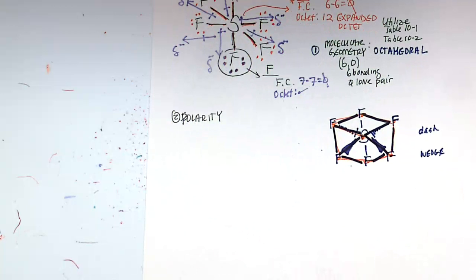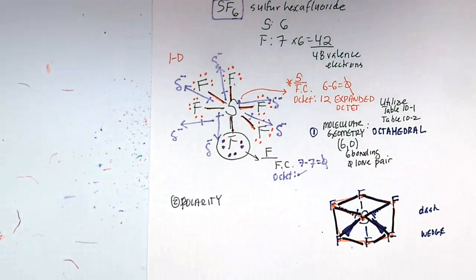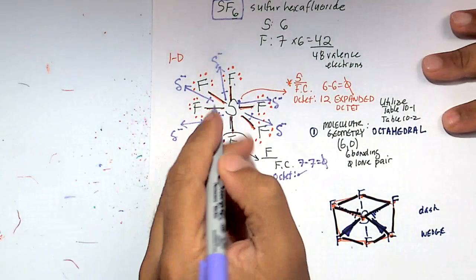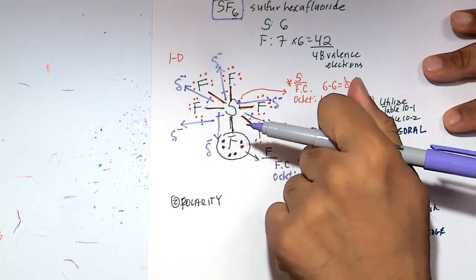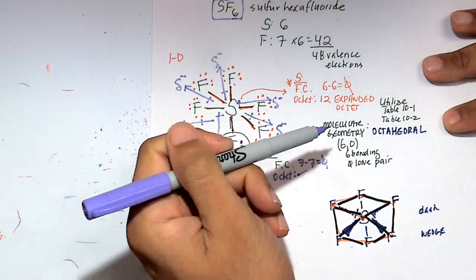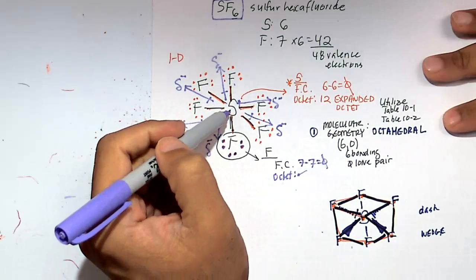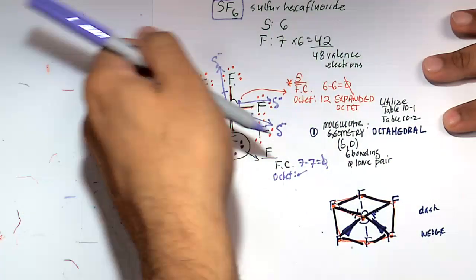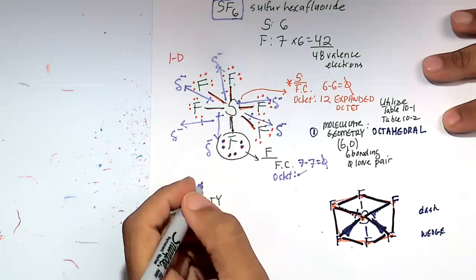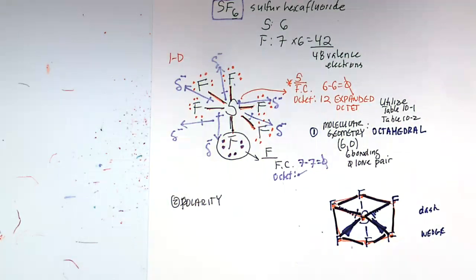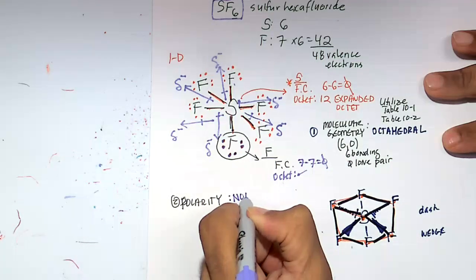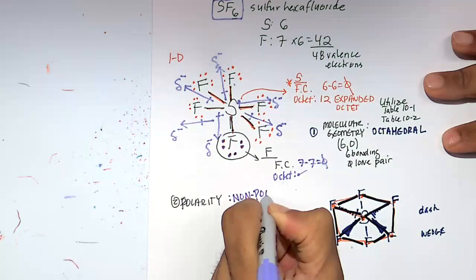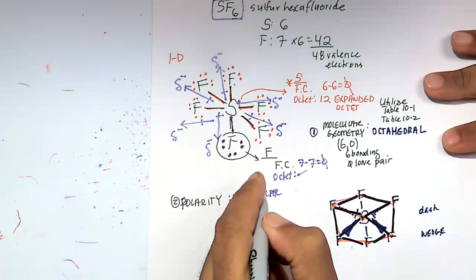So fluorine down is being canceled by the fluorine pulling up. Fluorine pulling to the left is canceled by the fluorine pulling to the right. Fluorine pulling away is canceled by the fluorine pulling the opposite way. All the movements cancel each other, so this is a nonpolar molecule.